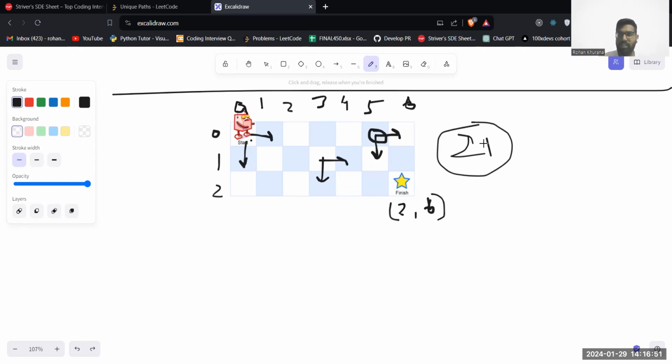But I hope you understand this point that for every cell there are a couple of things that we can do. Either we can go down or we can go right. Probably if it was given in the question, maybe other things as well, like going up, going left, whatever.